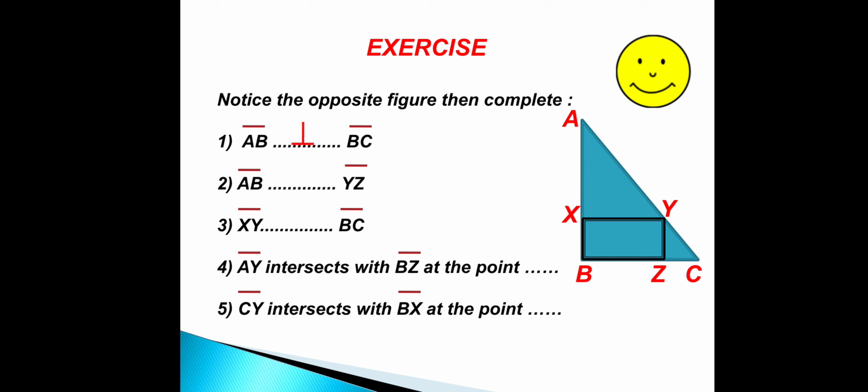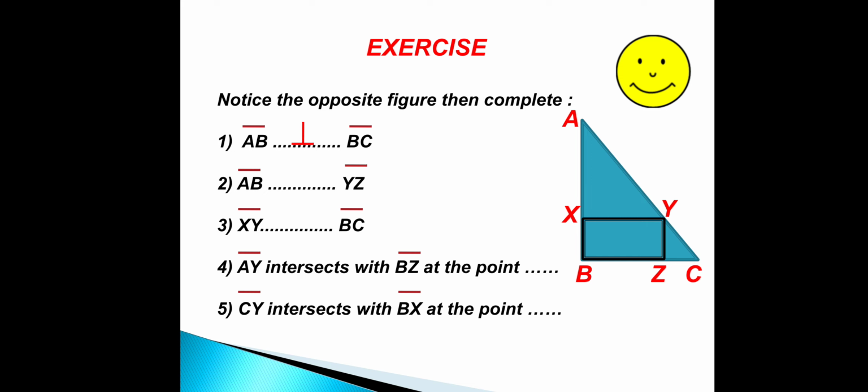AY intersects with BZ at the point what? AY, this is the ray. You can complete it to reach the end of the paper, the end of anything.